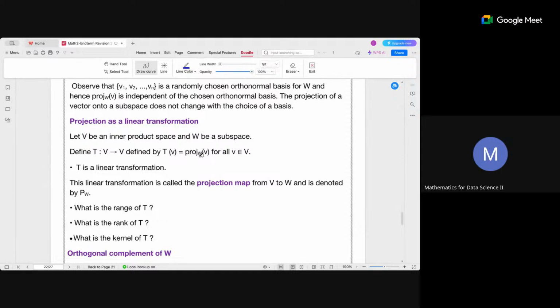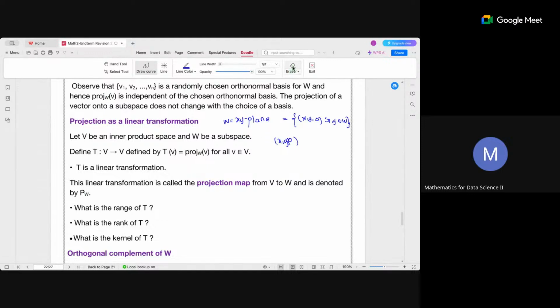Now the same thing: suppose you are taking a vector from W itself and projecting on W. Let us take a specific example of W, the XY plane. The elements of this W are of the form (x, y, 0).